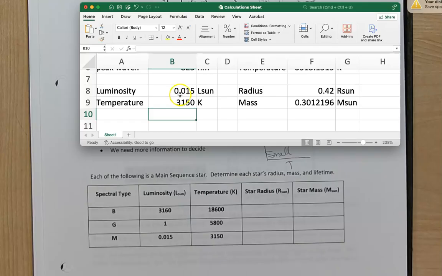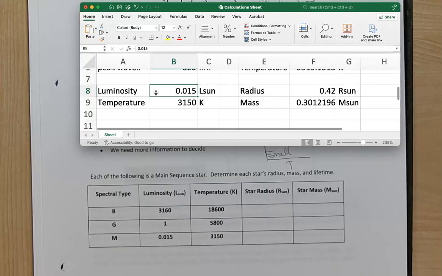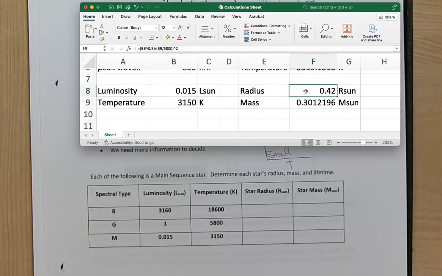All right, that's a radius of 0.4 solar radii and a 0.3 solar mass star. Makes sense, right? This is a star that is dimmer than the sun. It's cooler than the sun. It's smaller than the sun.